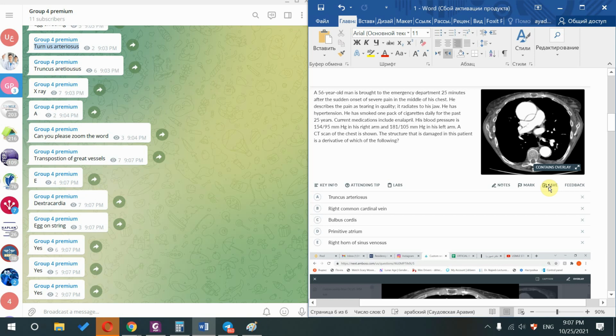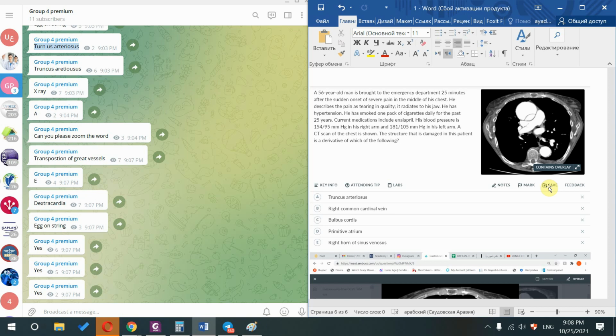A 56-year-old man is brought to the emergency department 25 minutes after the sudden onset of severe pain in the middle of his chest. He describes the pain as tearing in quality. It radiates to his jaw, and he has hypertension. He has smoked one pack of cigarettes daily for the past 25 years.